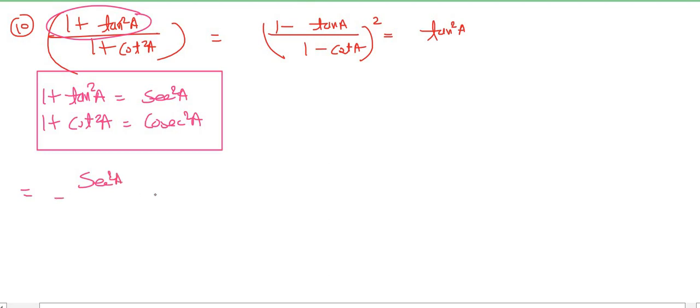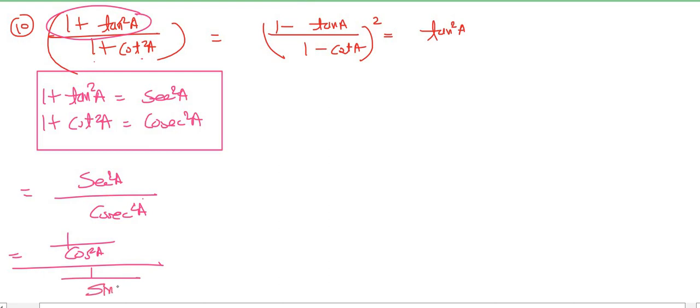Sec square A. 1 plus cot square is cosec square A. Sec square is 1 by cos square, and cosec square is 1 by sin square. I think you know that, right? So what can we do now?